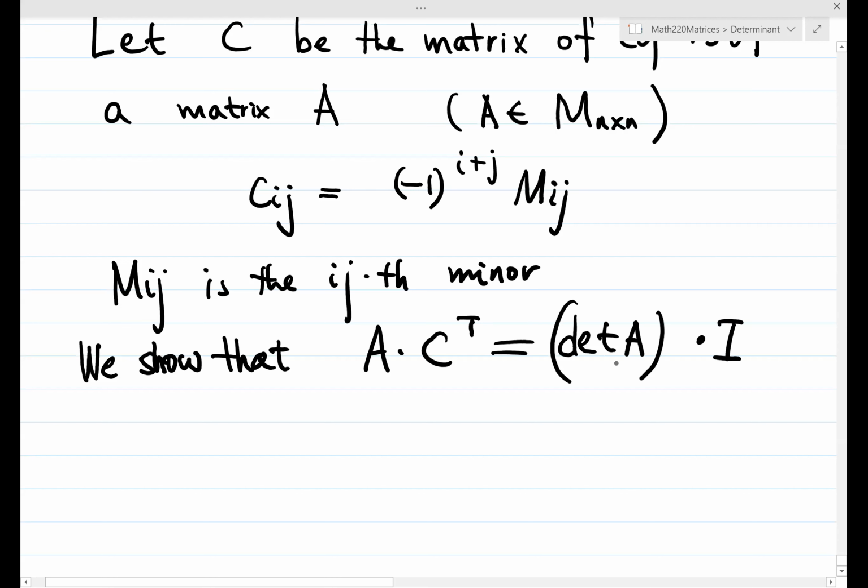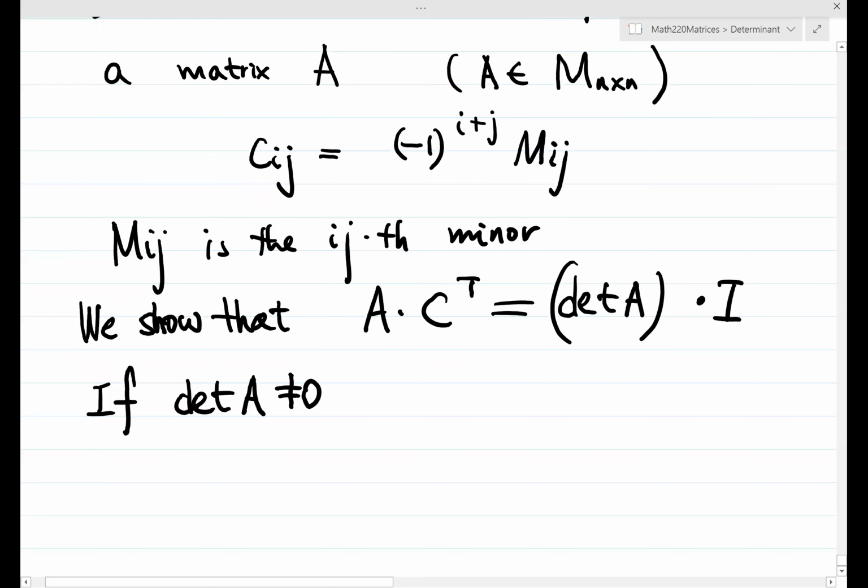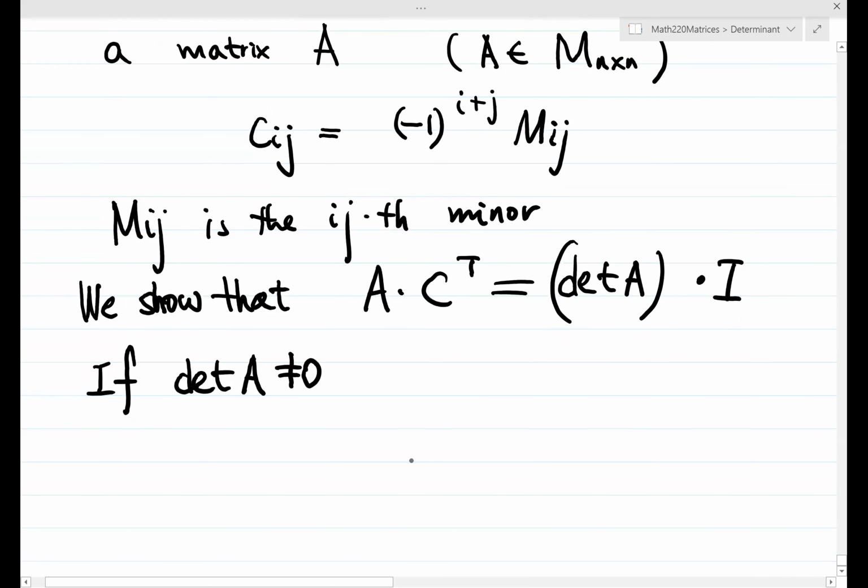Remember, the determinant of A is a number. Now, if the determinant of A is non-zero, we can do the scalar division. So we divide C transpose by the determinant of A, and A times this will be the identity matrix.